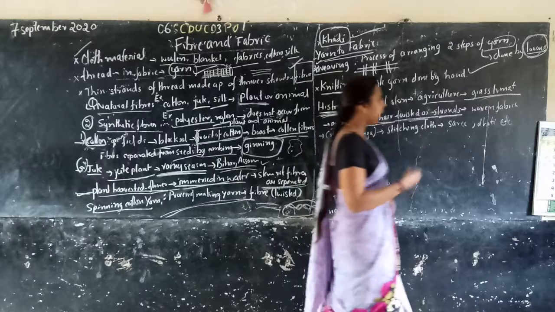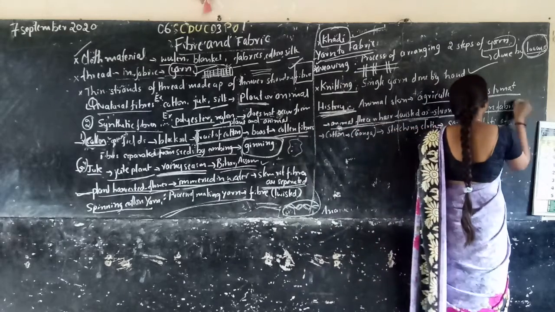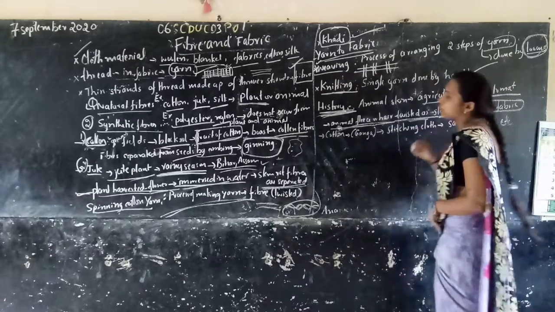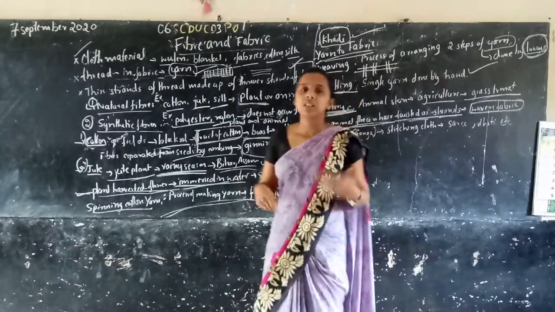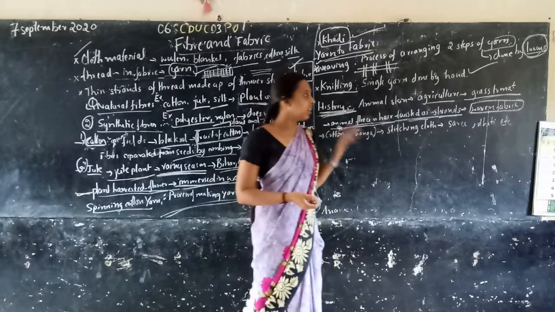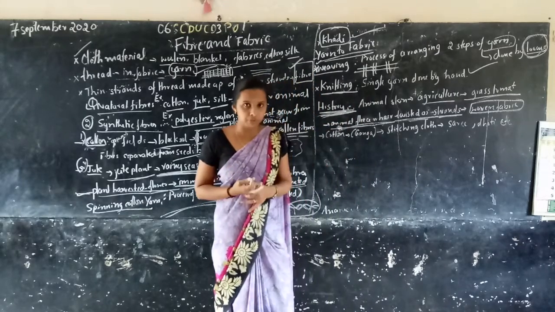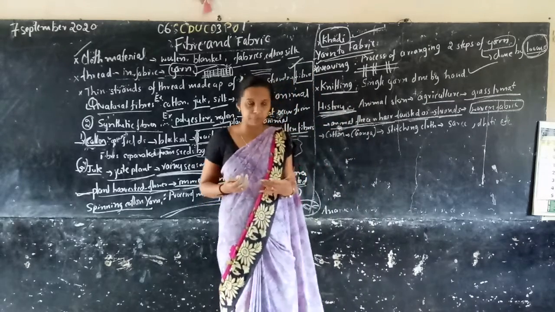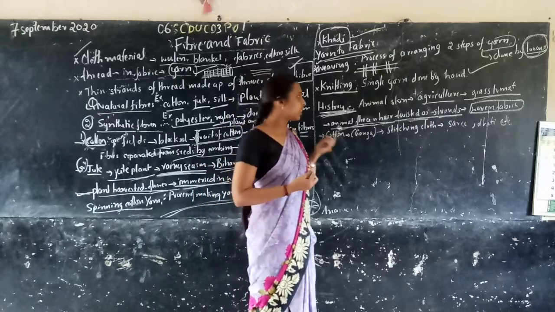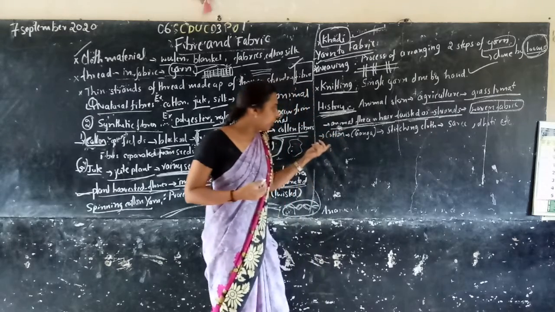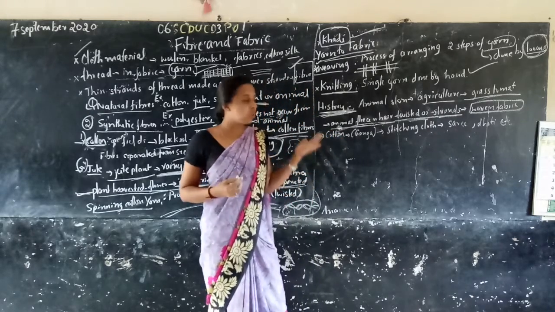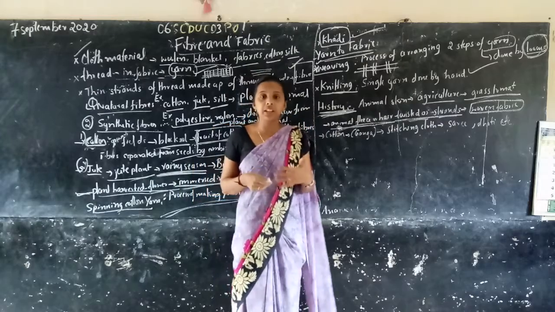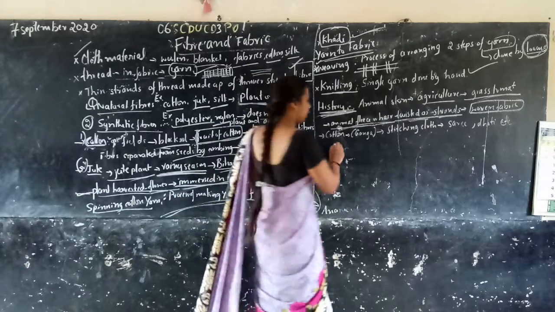Later they made woven fabric. Woven fabric means cotton fabric, silk, etc. Woven also covers woolen fabric. Next, cotton fabric came when people lived beside the Ganga river.